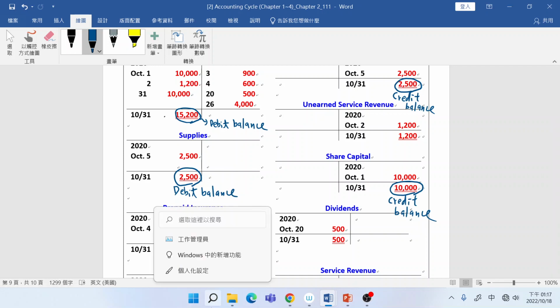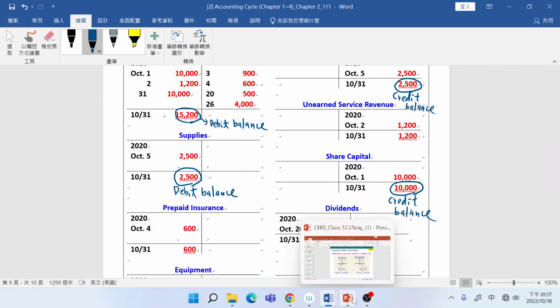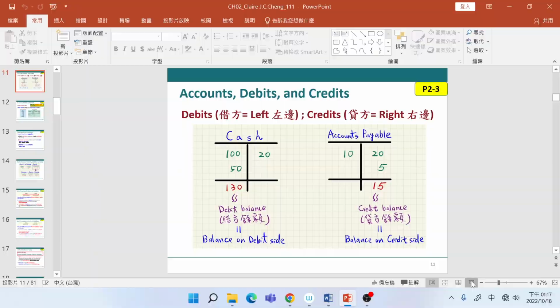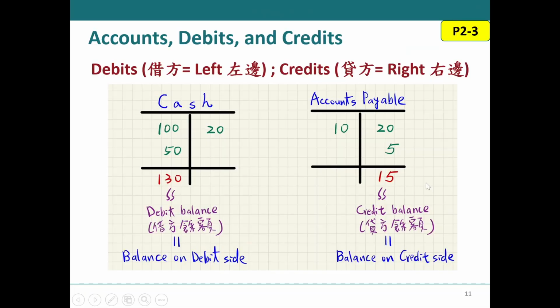Any questions? If you don't have any questions, you can go to your slide on page 11 or textbook 2-3. So debit balance, credit balance, what does it mean? The final number on the debit side, we call it debit balance, 借方余额.